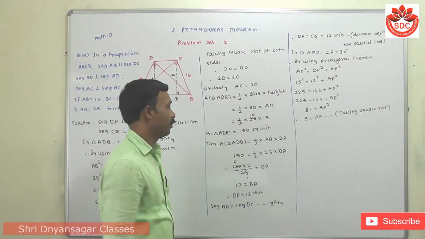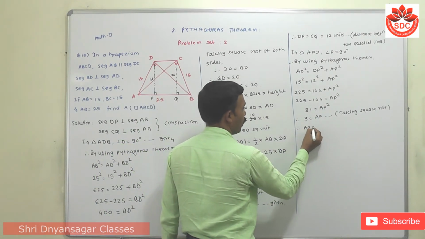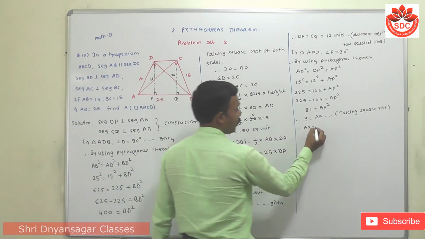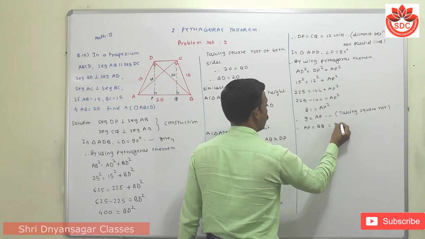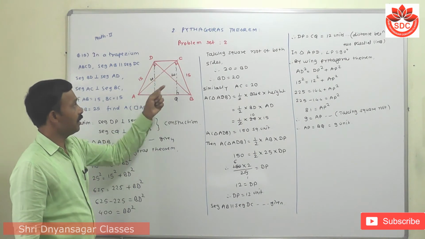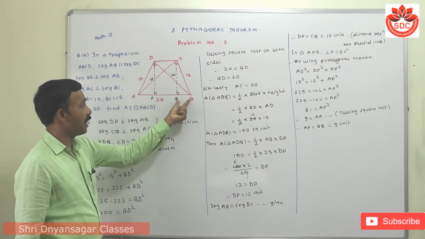Okay, then therefore AP is equal to PQ is equal to how much? 9 units. AP is equal to BQ. They are same because this is the perpendicular through the point. These segments are equal here.